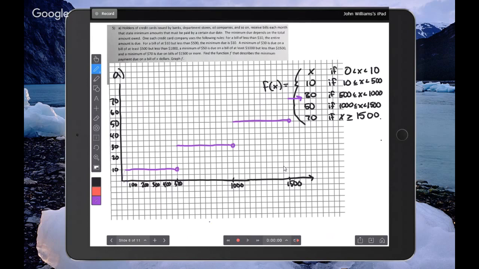Yeah. So again, itty bitty linear section, which is hard to make to scale and still see it. But that's very important. Cool. That was part A. We got a function f of x and we got a graph. Sweet.